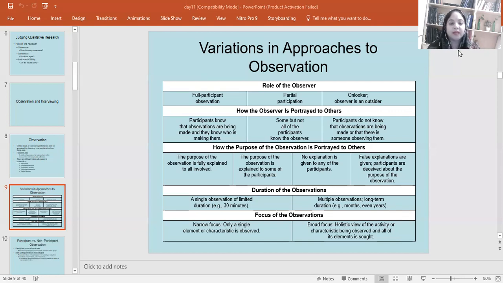For example, if in a class I want to observe the students' interaction pattern during their group work, I will not observe other things like what the teacher is doing, what the external environment is. So I will not observe other things. I will observe only the interaction pattern among these students. So this is a narrow focus.